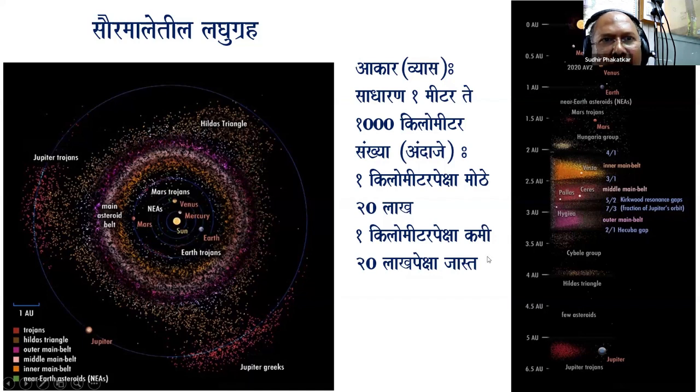You can see another picture here. Around Earth there is a very small quantity of asteroids, and between Mars and Jupiter there are asteroid belts, and those asteroids are also classified by astronomers. So you will get the idea of these asteroids.